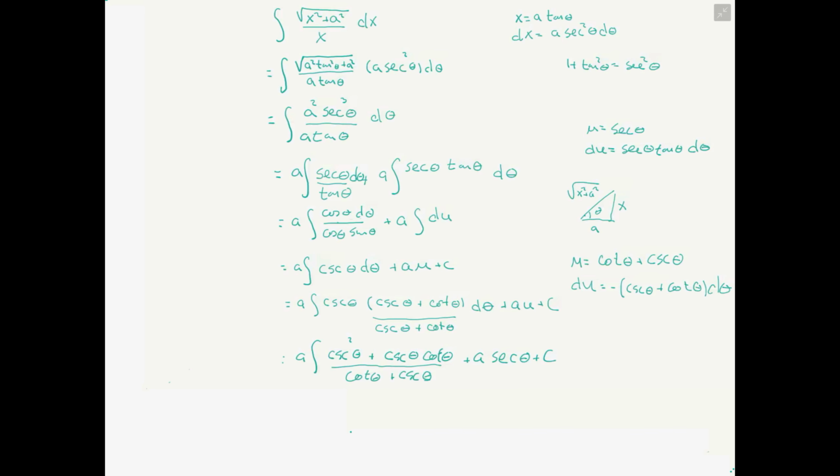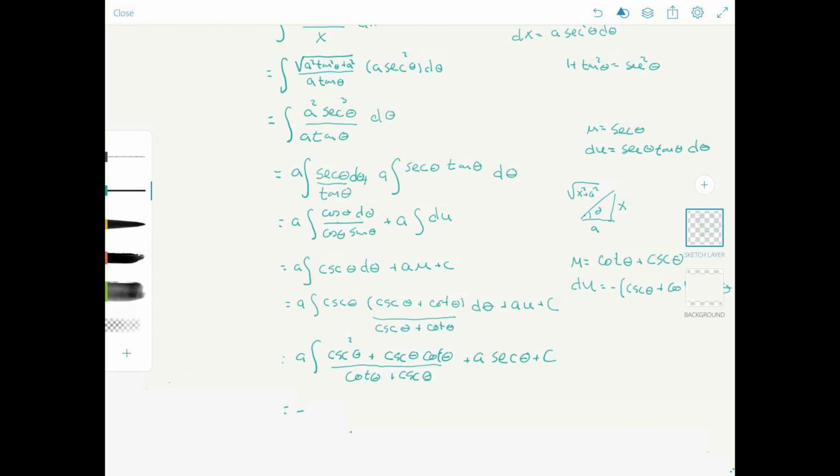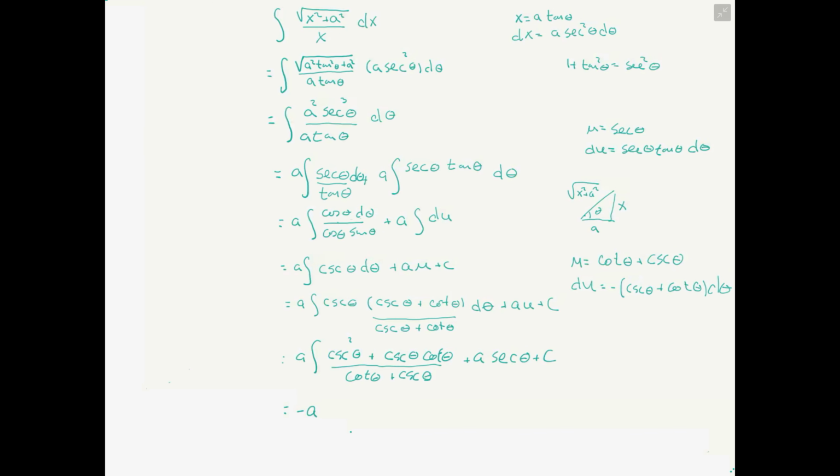And so we end up with minus a ln of cosecant theta plus cotangent theta, plus a secant theta plus c.